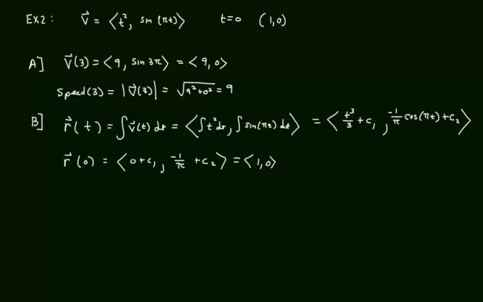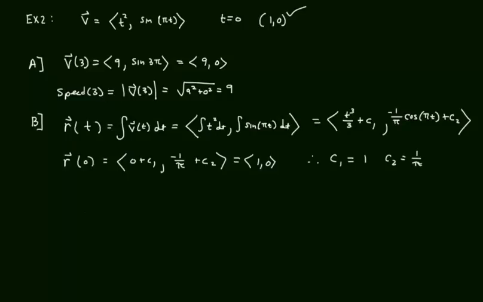So I solve for two different c's. c1 will clearly equal 1, and c2 will equal 1 over pi. That's because I have this initial condition.